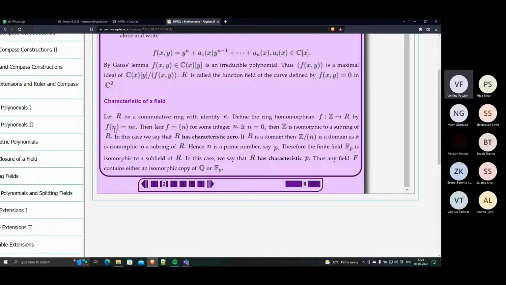What is the kernel? Kernel is the set of all n such that nE is equal to 0. But kernel is a subring of Z. It's an ideal of Z. Do you remember the kernel of every ring homomorphism is an ideal?